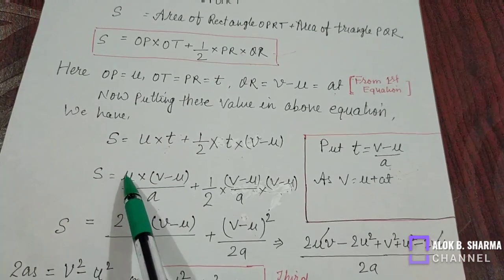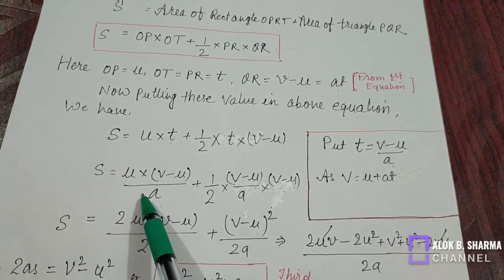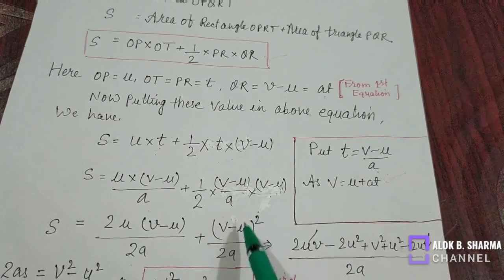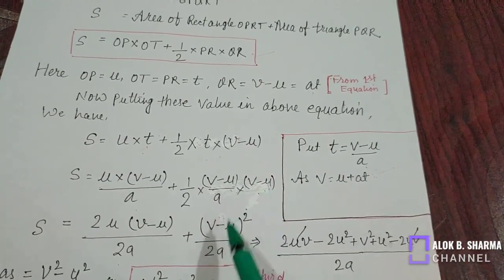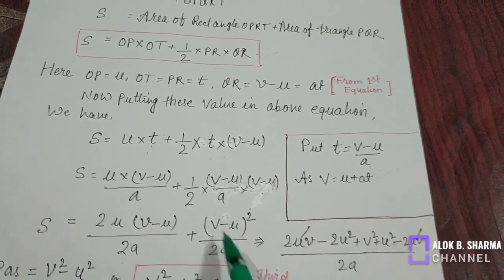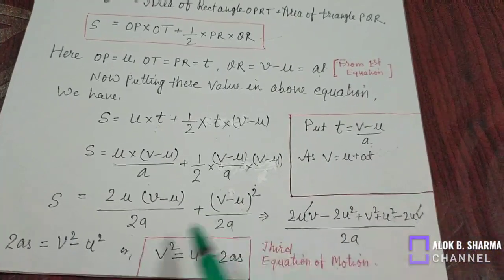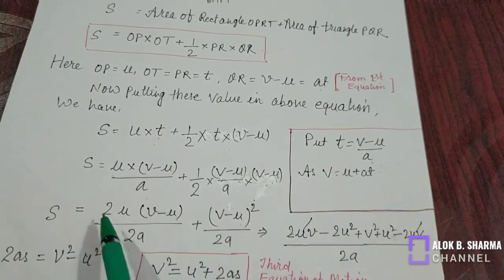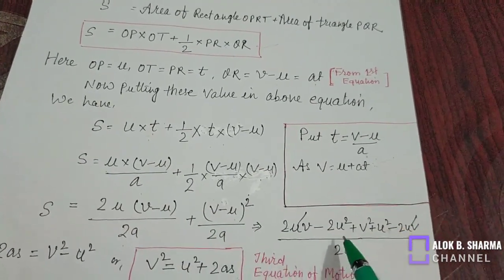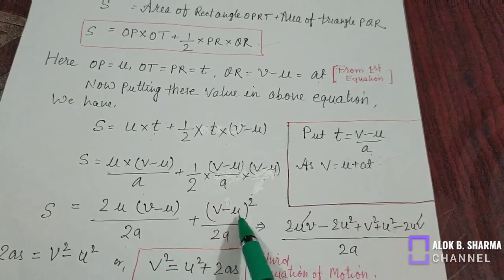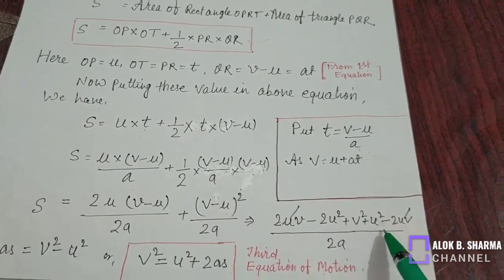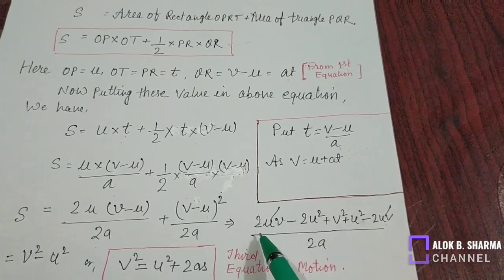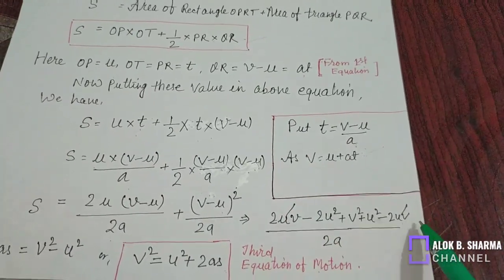This becomes 2u(v minus u) over 2a plus (v minus u) whole square over 2a. Then 2u into v gives 2uv, 2u into minus u is minus 2u square, and (v minus u) whole square is v square plus u square minus 2uv, and minus 2uv plus 2uv cancel out.